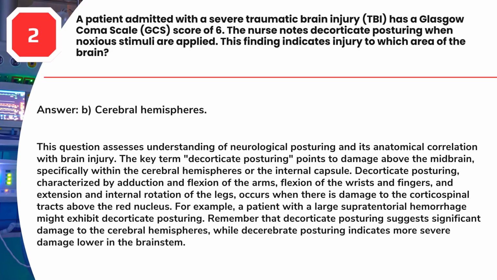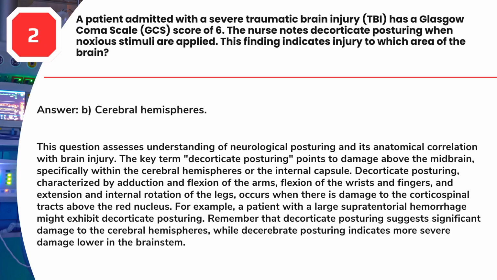Answer B. Cerebral hemispheres. This question assesses understanding of neurological posturing and its anatomical correlation with brain injury. The key term decorticate posturing points to damage above the midbrain, specifically within the cerebral hemispheres or the internal capsule.